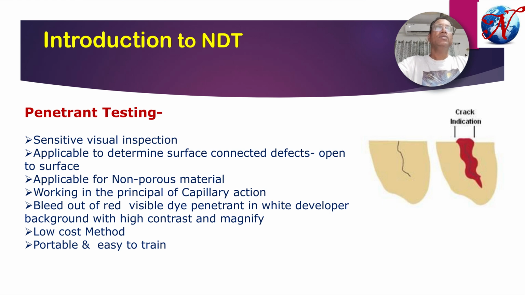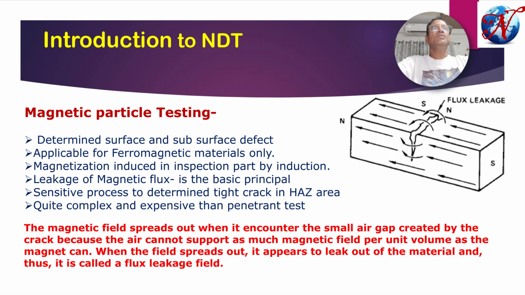The third NDT method we use in industry is magnetic particle inspection, but it has a limitation: the material must be ferromagnetic in nature, meaning the material can be magnetized in a strong way. When the material is magnetized, it produces a magnetic field of maximum intensity, and magnetic lines of force are generated.